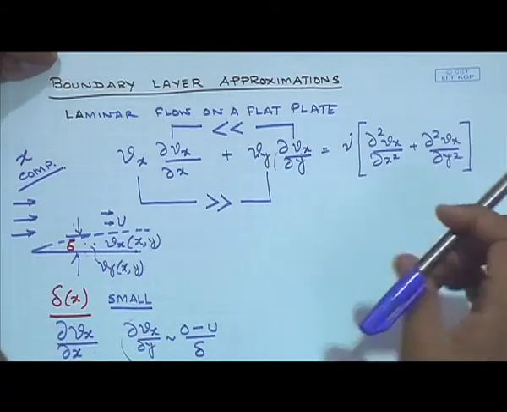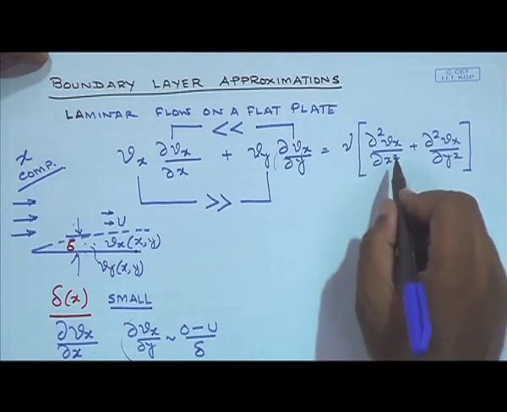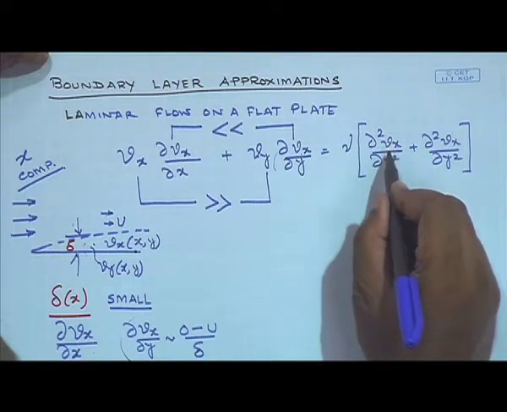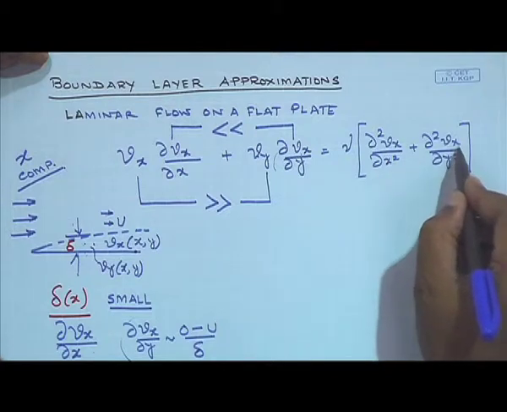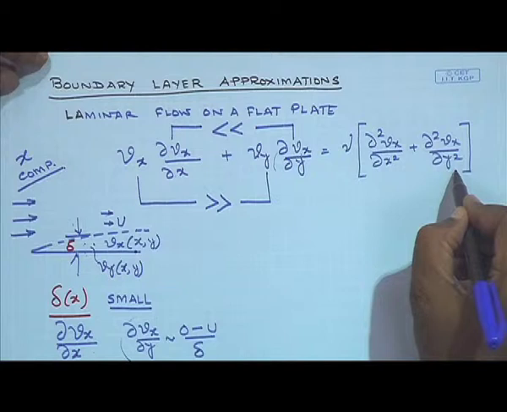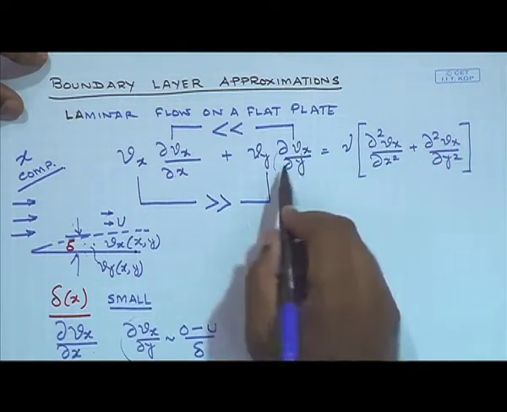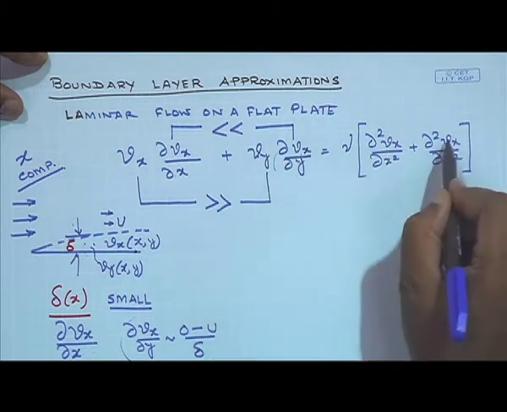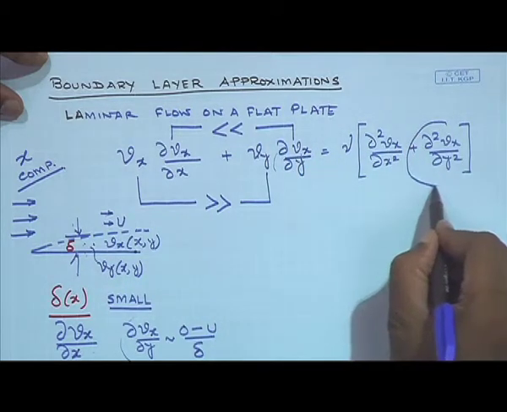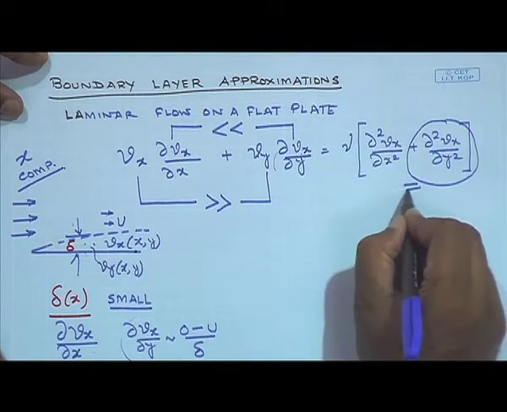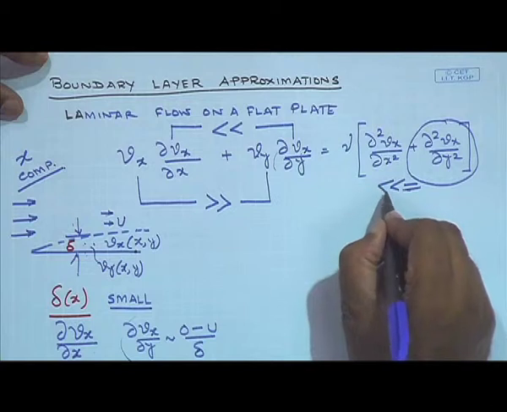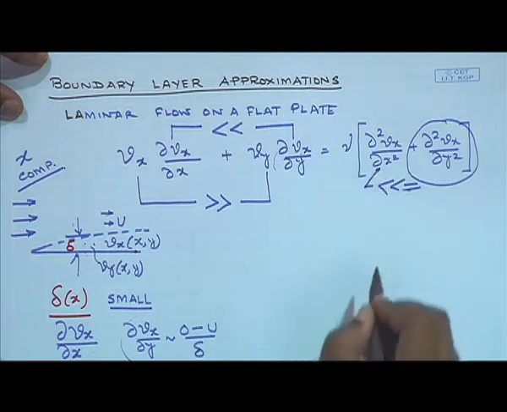equation. Now, when we come to this part over here, we see that these are essentially telling me about the viscous transport in the x direction and the viscous transport in the y direction, okay, the gradient of viscous transport in y direction. And from our discussion over here, we understand that this term is going to predominate, and therefore, this is going to be quite large as compared to this term.